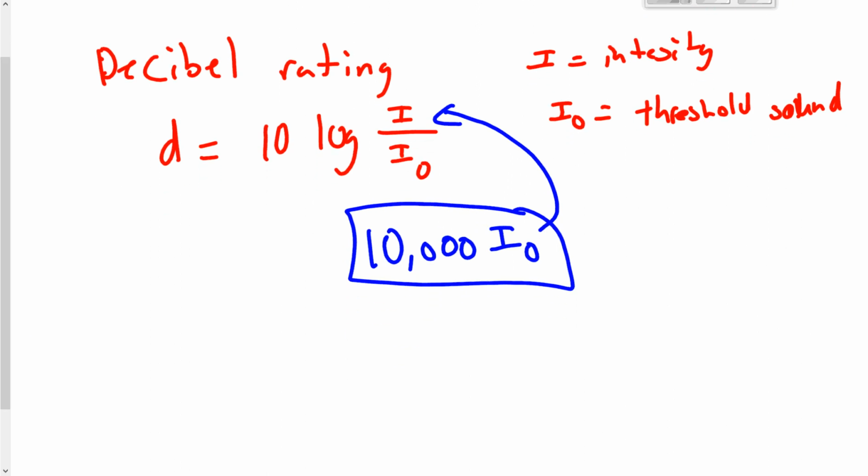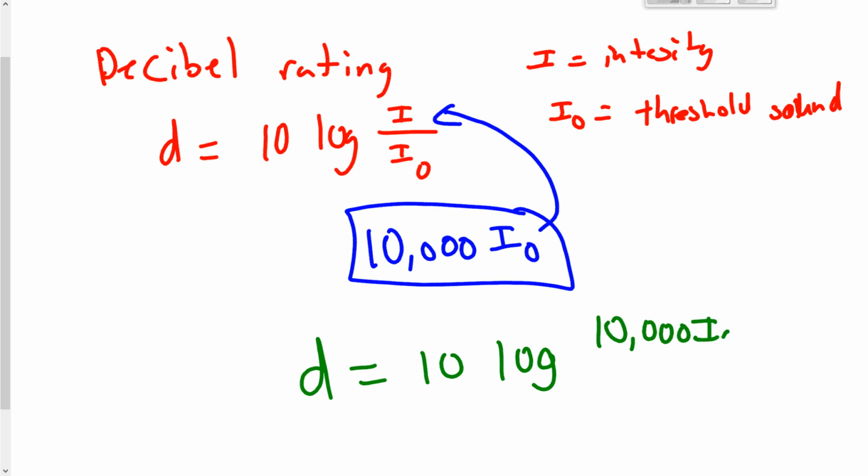So our decibel rating is equal to 10 times the log of our intensity over our threshold of sound, which we don't necessarily need to know because these will cancel each other out.